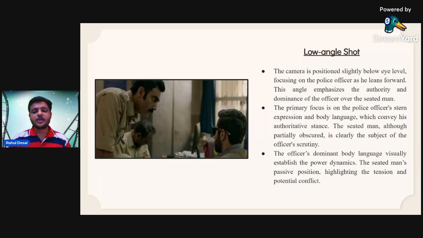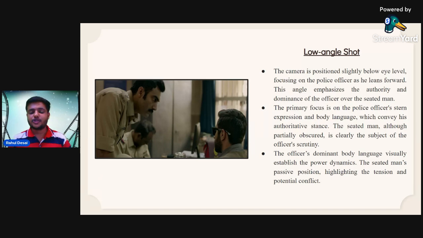The primary focus is on the police officer's tone, expression, and body language, which convey his authoritative stance. The seated man, although partly obscured, is clearly the subject of the officer's scrutiny. The officer's dominant body language visually establishes the power dynamics.